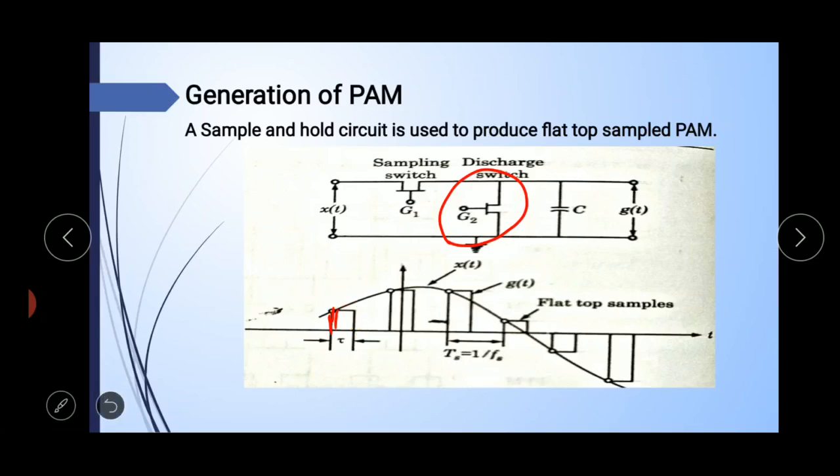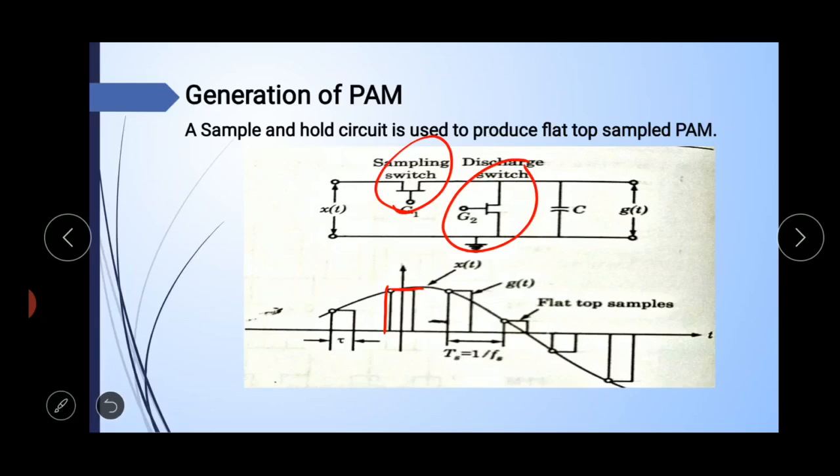Next, when the next pulse is applied to gate G1, again the capacitor is charged up to the maximum value of the modulating signal. Then after some time this sampling switch is opened, and the capacitor C holds the charge until the discharge switch is closed.